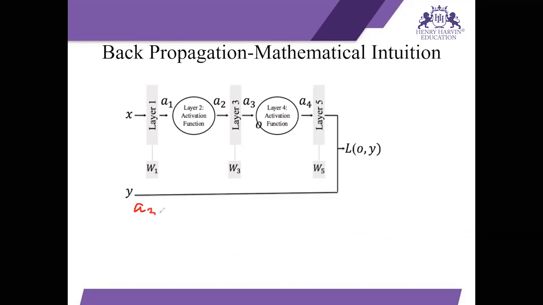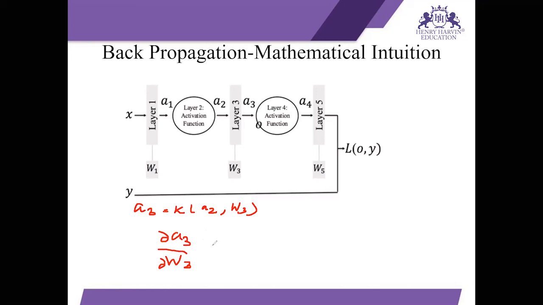So what is A3? A3 is equal to K of A2 comma W3, right? So A3 is nothing but W3 and this A2. So dou A3 by dou W3 will be a Jacobian, right? This is clear, right? So we compute the Jacobian of A3 with respect to W3.